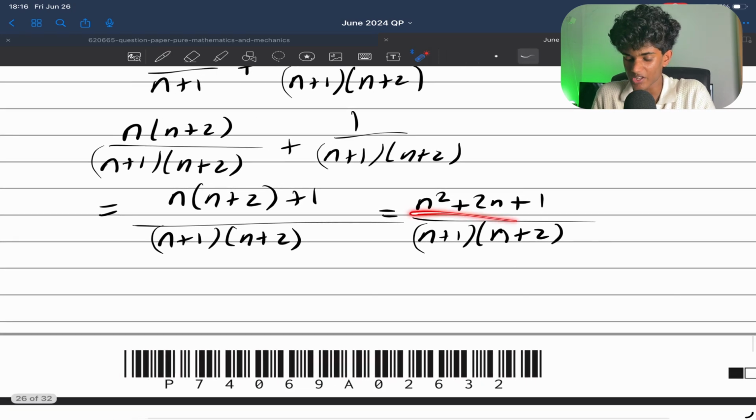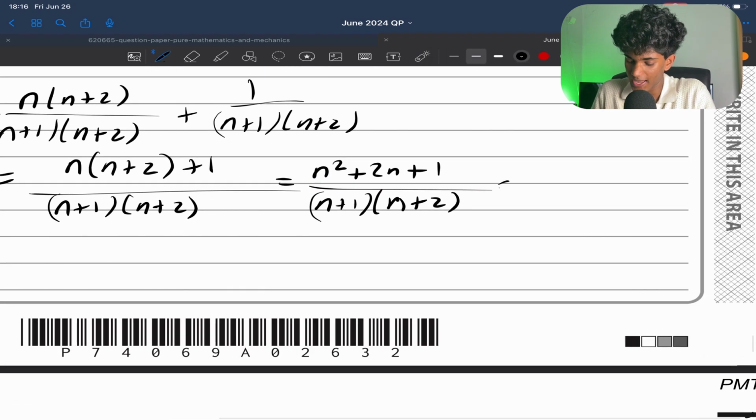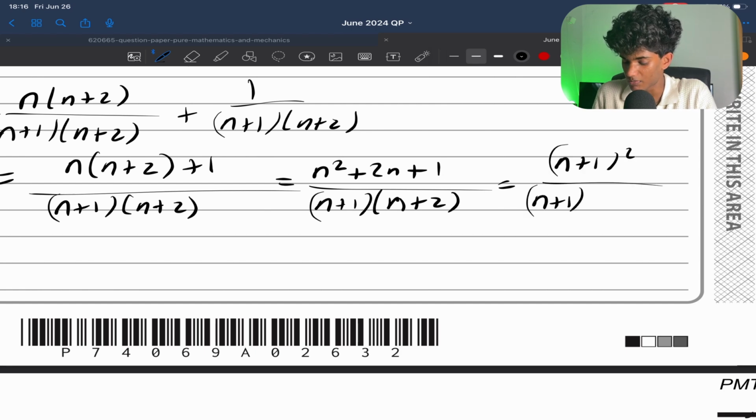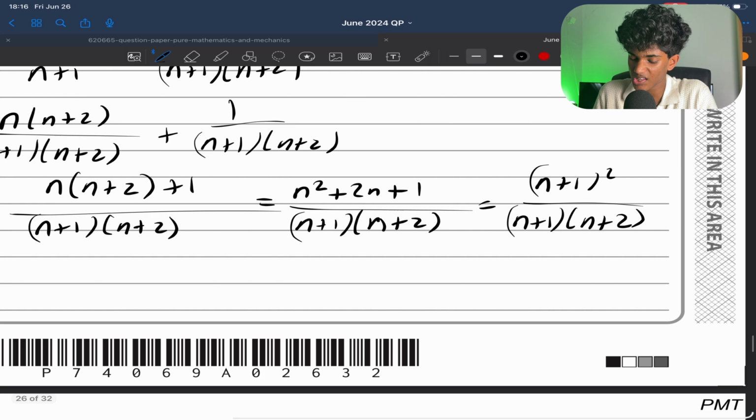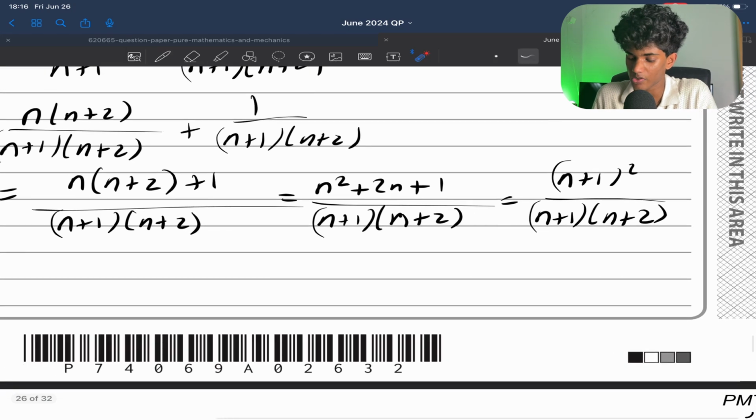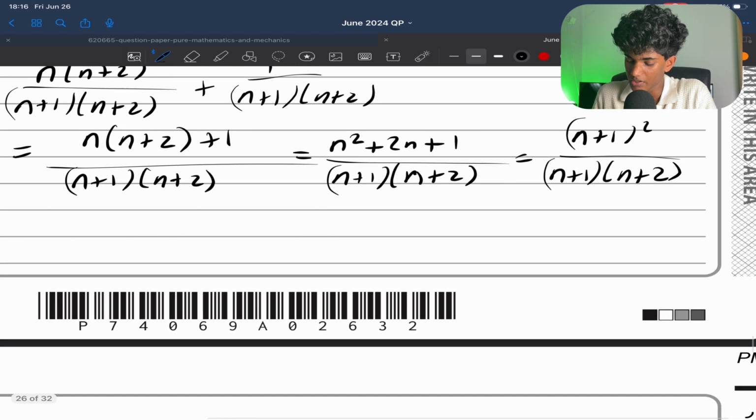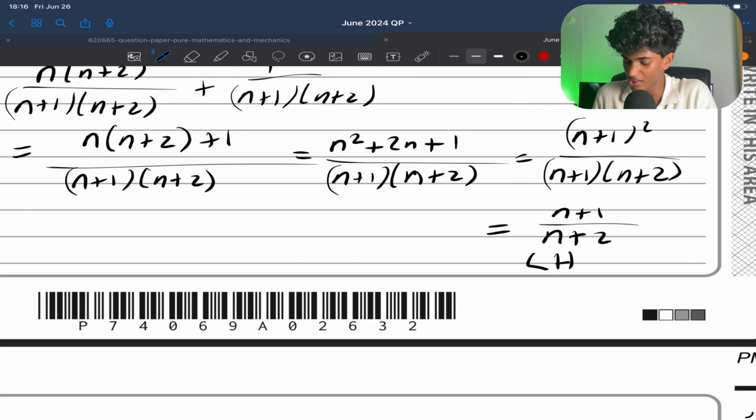This obviously looks familiar. That's just n plus 1 squared over n plus 1 times n plus 2. And we can cancel out one of the n plus 1 terms on the numerator and the denominator to get n plus 1 over n plus 2. That would be our left-hand side.